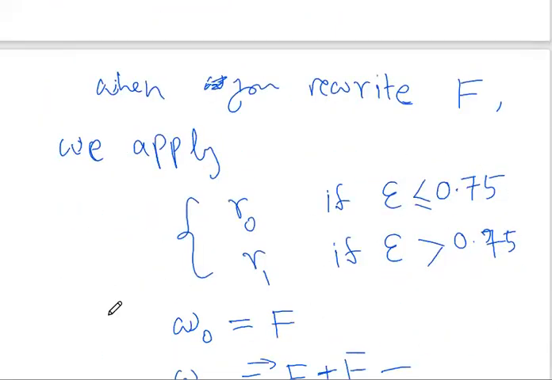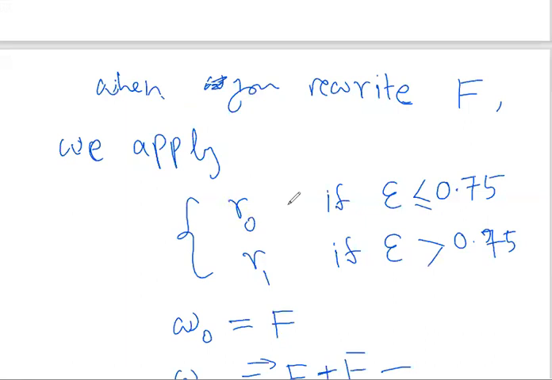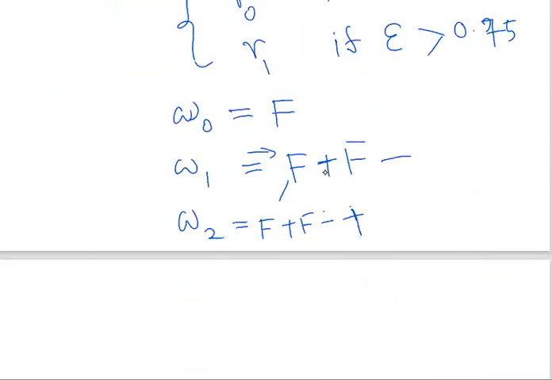This random number is less than 0.75 again, so we use this rule: F plus F minus. And this is a constant, so we leave it as it is. This is my second rewrite.